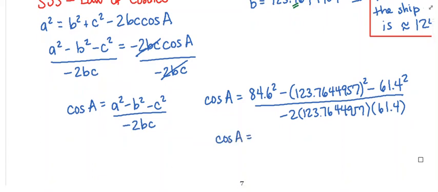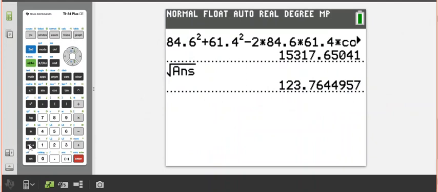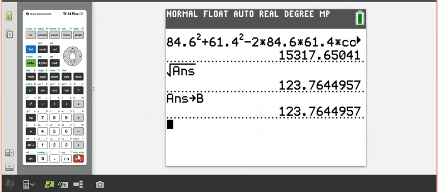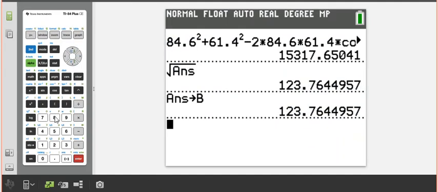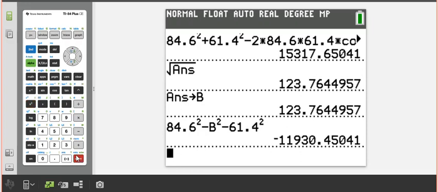If I go to my calculator, I'm going to store this in letter B, for side length B. That way I don't have to keep retyping this. So let's put the numerator in here. This is going to be 84.6 squared minus B, we're going to square that, and then we're going to subtract C squared, which is 61.4 squared. This is going to give me the numerator. Then I'm going to divide by the entire denominator.